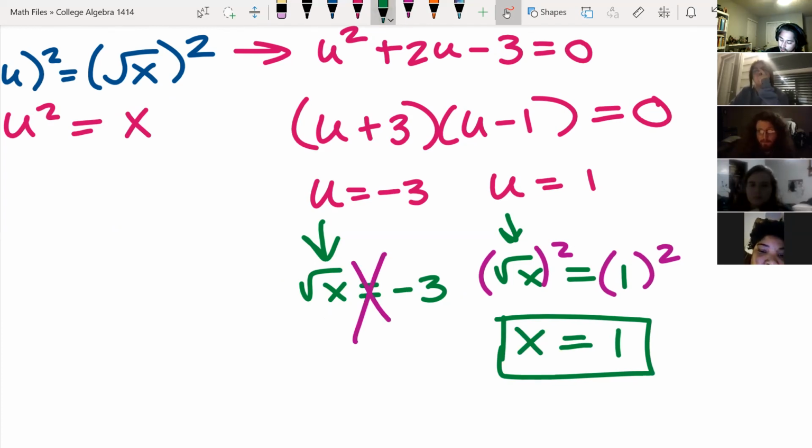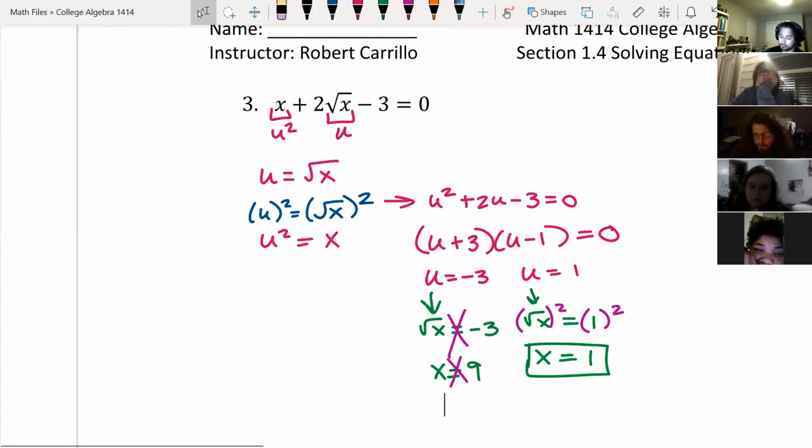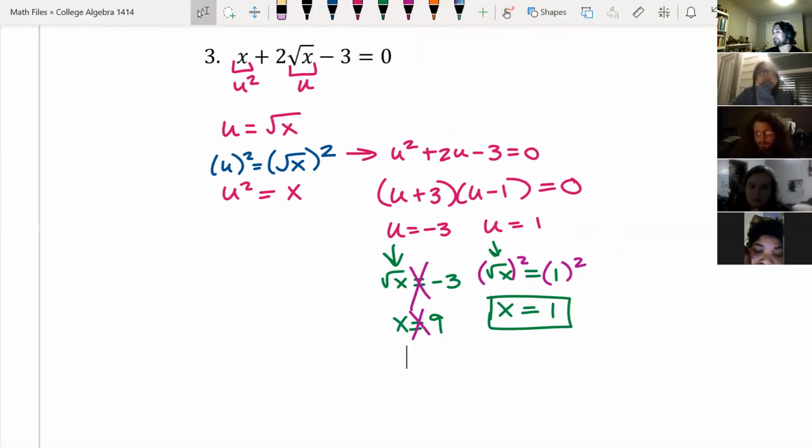Even if you did square it, you would get 9 and it wouldn't check out. So it's no good. Good on that?